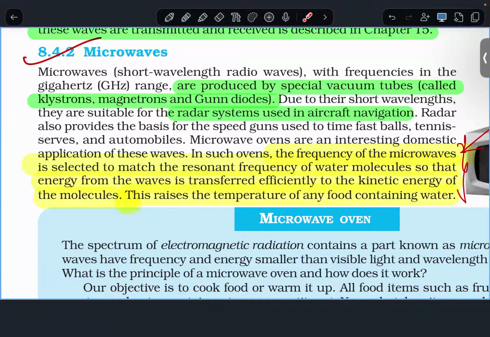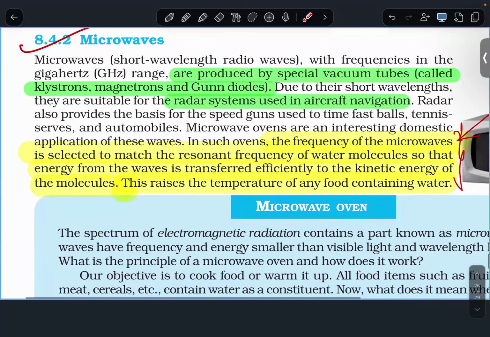So the frequency of the microwave is selected to match the resonant frequency of the water molecules, so that the energy from the waves is transferred efficiently to the kinetic energy of the molecules. As the molecules' kinetic energy increases, that is nothing but a rise in internal energy or temperature of the system. That's the principle of microwaves.